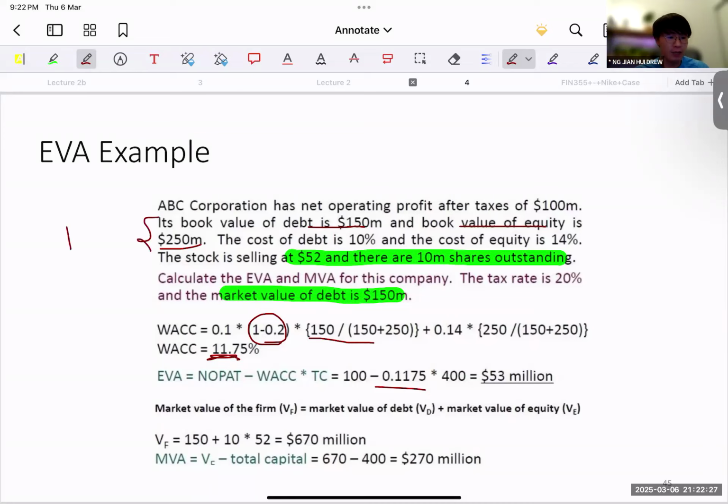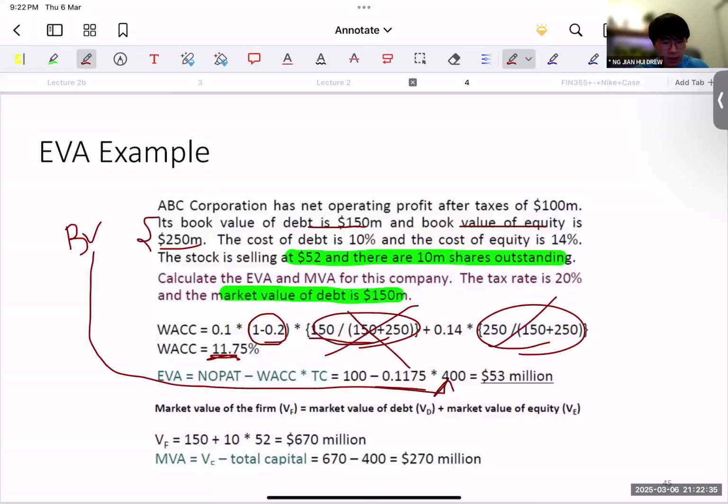So book value used for this is okay. But for the WACC, we shouldn't use book value. We should be using our market value as given here. In any case, I will do the amendment and upload the new slides for lecture 4, because this one looks a bit wrong.